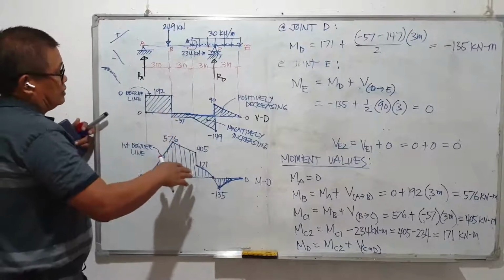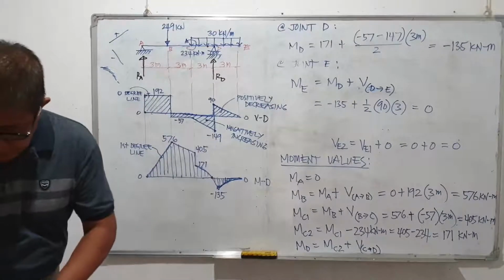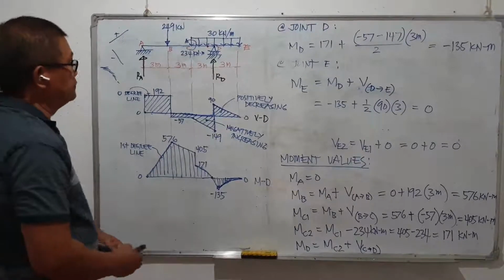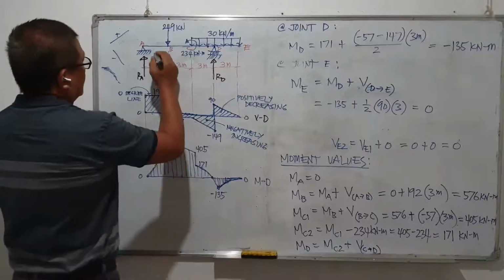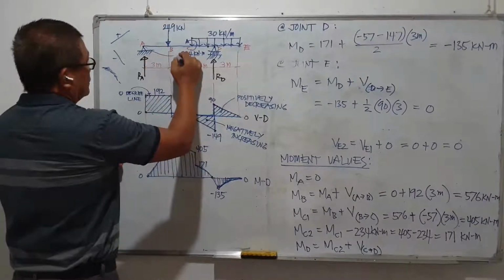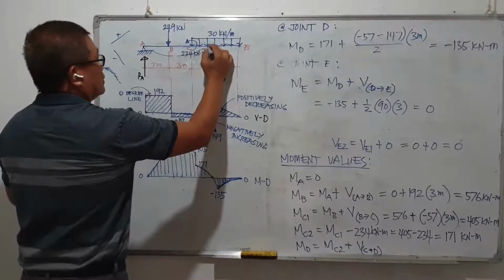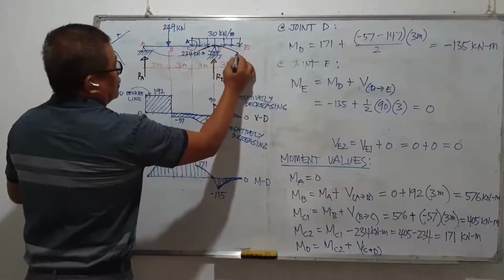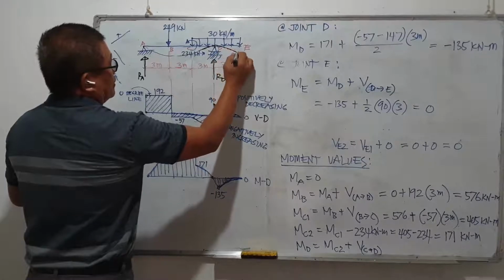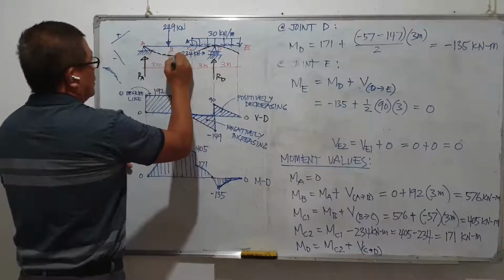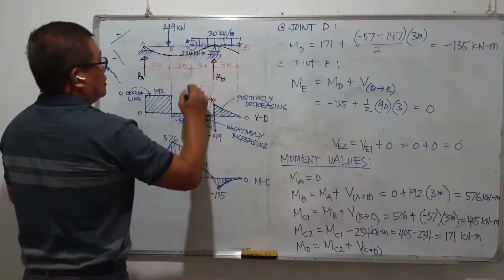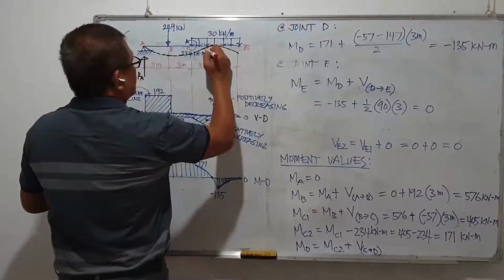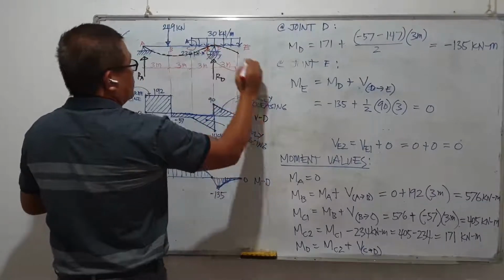So if we define the deflection curve, the deflection shape of the beam, then this is downward, and then the location of the 0 moment we will call the inflection point.